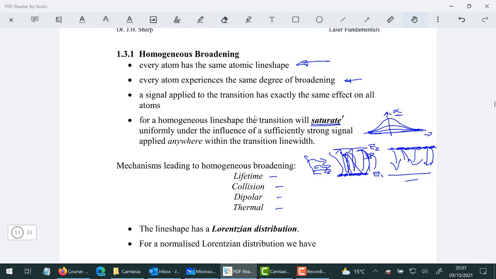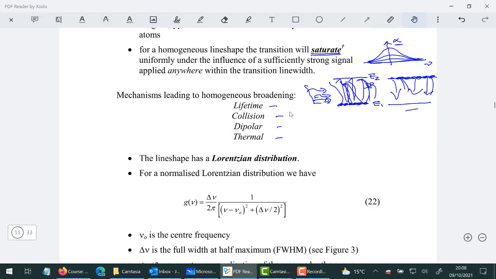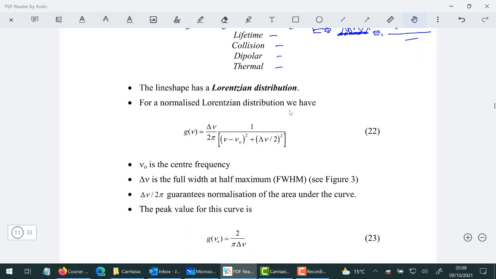So mechanisms that give you homogeneously broadened lines, lifetime broadening, collisional broadening, dipolar and thermal broadening, effectively act in the same way on every atom within the collection. The distribution for our line shape function is given by a Lorentzian. Okay, and so this is our Lorentzian function here, and you can see it depends on the center frequency nu naught, on the value of nu, and on its line width delta nu.